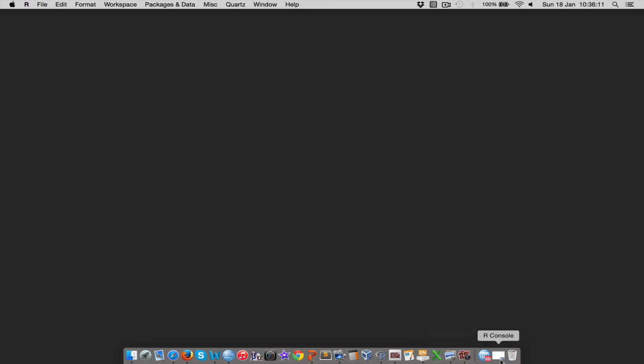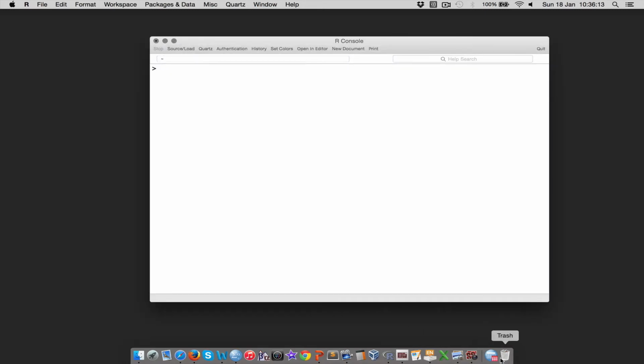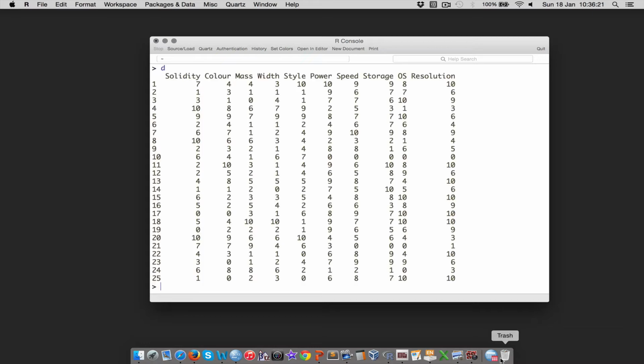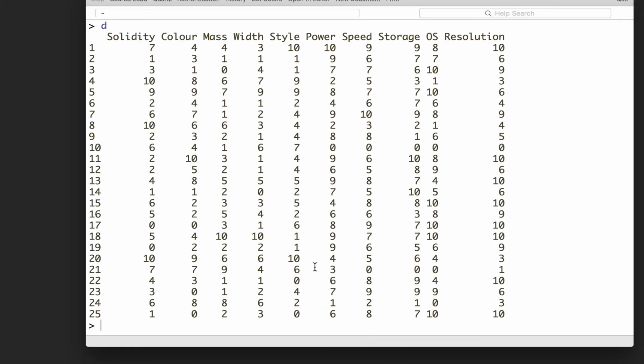I've got an R console open here, and I've got a data frame called D. So if we run that, this is the example data we're going to be using. We've got 25 observations on 10 variables, and basically the fictitious idea in this study is that notebook manufacturers wanted to create a scale to find out what's most important, what they should prioritise when they're making a laptop.